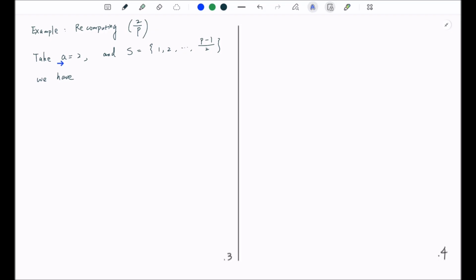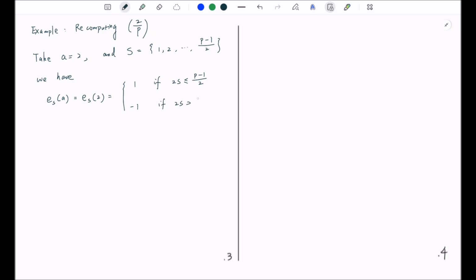And for this a and the element s in here, ε_s(2) can only be plus 1 or minus 1. And this is plus 1 precisely if 2s is less than or equal to (p-1)/2. Here, 2 plays the role of a.